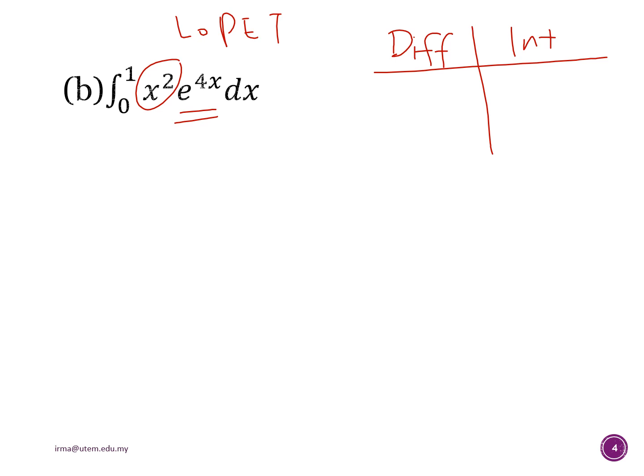So I put x squared as the function to differentiate and e to the 4x as the function to integrate. We start with x squared. Differentiate x squared, you will get 2x. Integrate e to the 4x, you get e to the 4x, the same power, but you need to put 1 over 4.